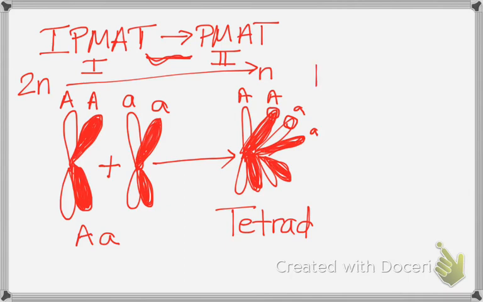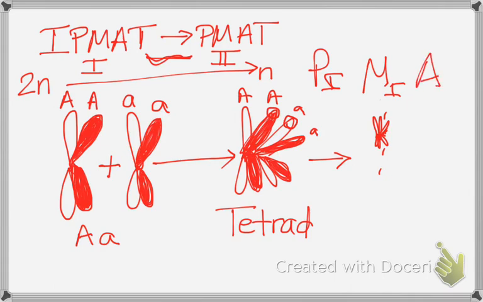And this again is happening during prophase 1. During metaphase 1, they line up along the equator. So now you have these tetrads, 4 little bits lining up along the equator of the cell.